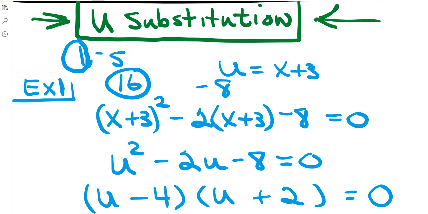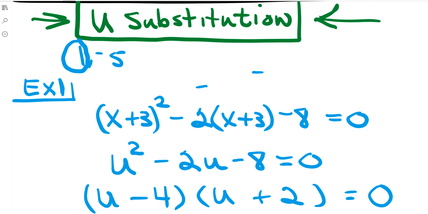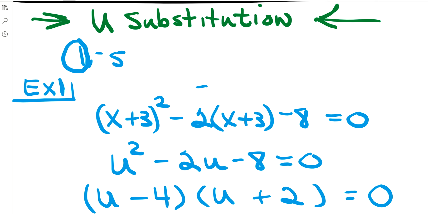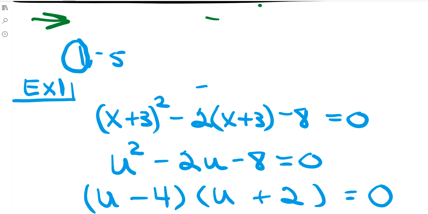Now I'm going to check the negative 5. I'm going to get rid of this just for a little bit of work room. So I'm checking negative 5. Negative 5 plus 3 is negative 2. Negative 2 squared is 4.